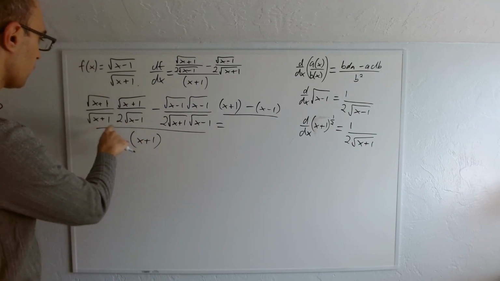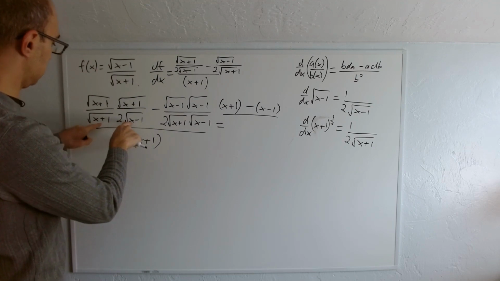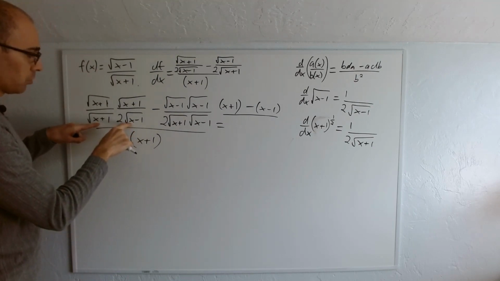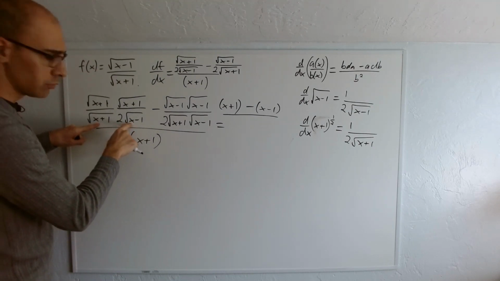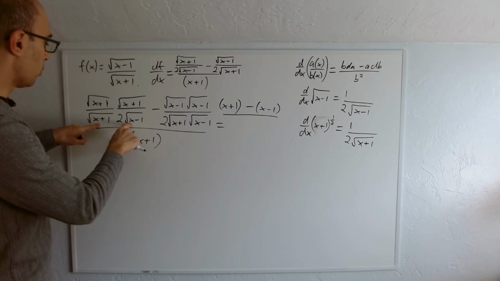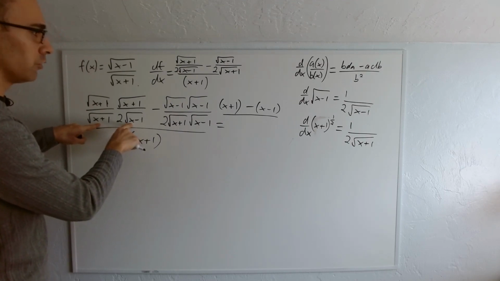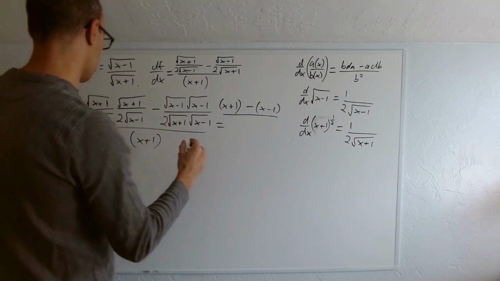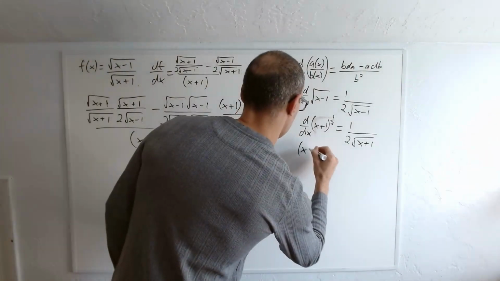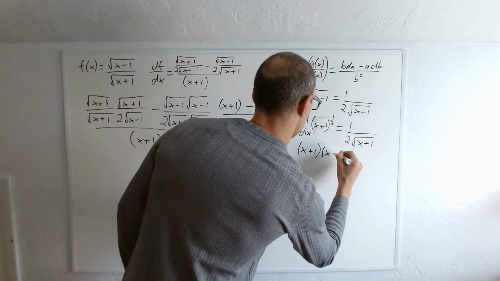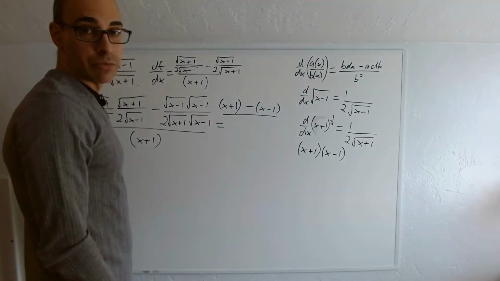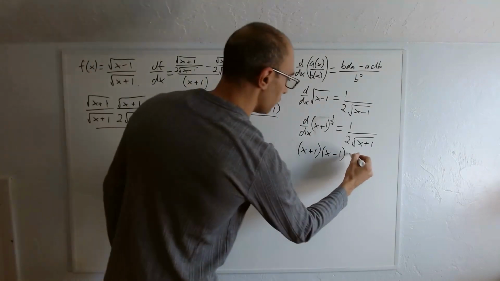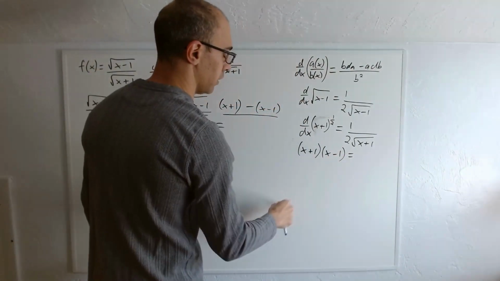Sometimes it can be a little confusing to look at when multiplying two square root terms together. But what we can do is treat it as if there is no square root symbol. For example, the way that I'm looking at this is just, what is x plus 1 times x minus 1? We do our FOIL method, front, outer, inner, last.